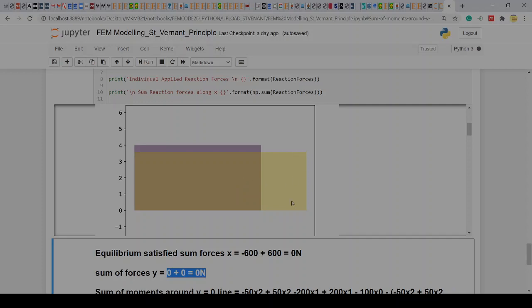The reason we see this kind of behavior is that we have a forgiving partial differential equation in the structural mechanics problem, which is essentially an elliptic partial differential equation. In elliptic equations, things tend to dampen out.